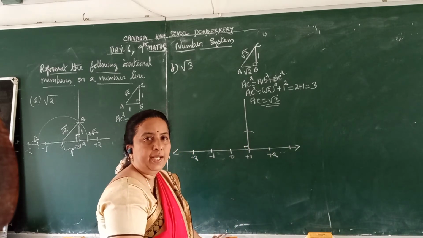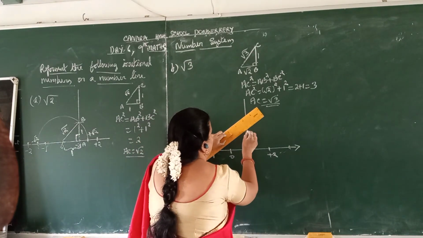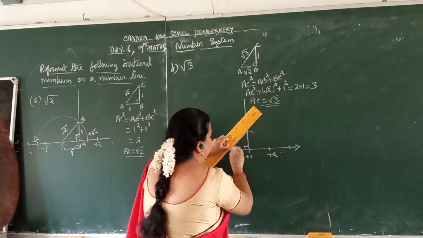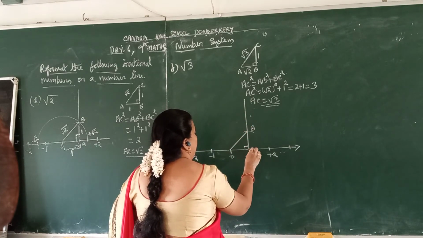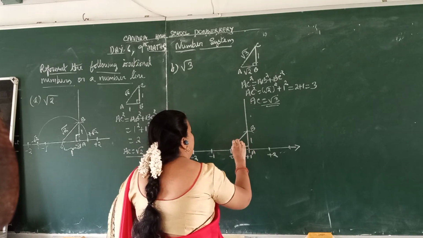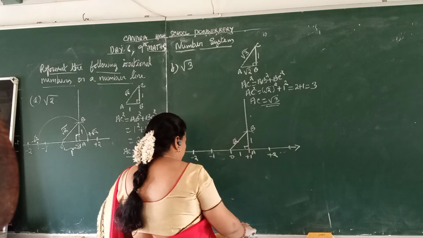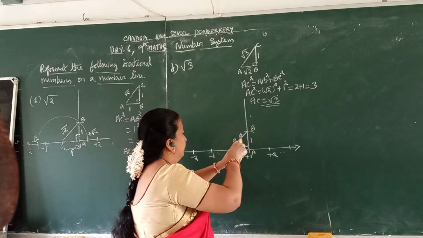Take 1 unit as height. Join it with 0. Hypotenuse is √2.